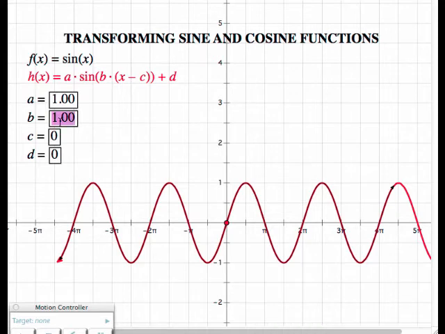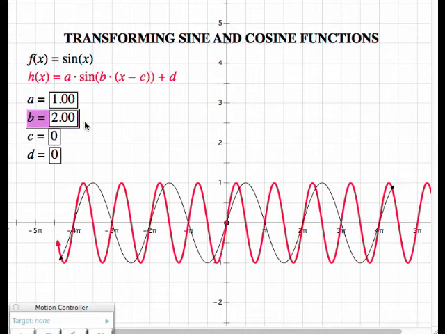So if I were to make my b value 2, replacing x with 2x should cause a horizontal stretch of the graph by a factor of a half. So all of the x values on the current graph should be halved, pulling all the points closer to the y-axis. And you'll notice that the effect of that was that the graph goes through its cycle in half the time it did before. So the period is no longer 2 pi, it's half of that, pi.